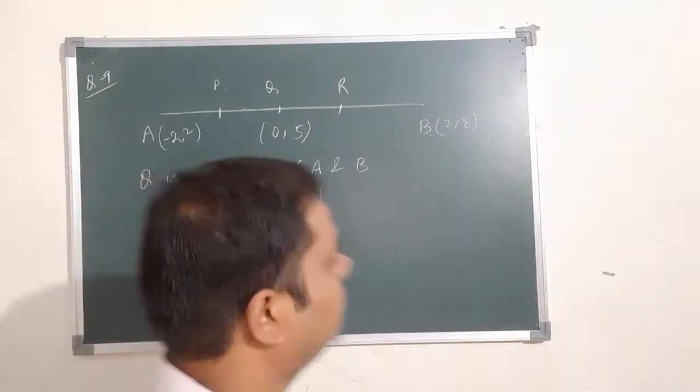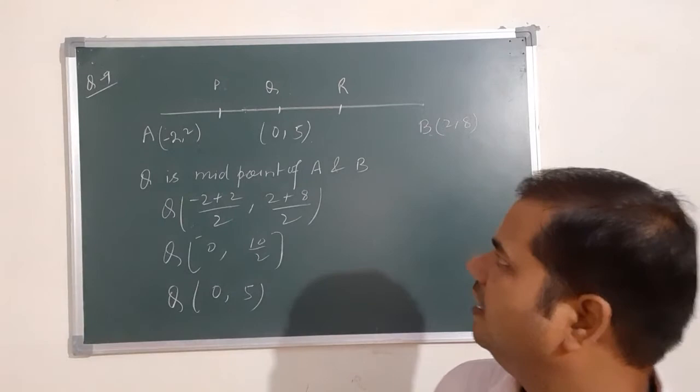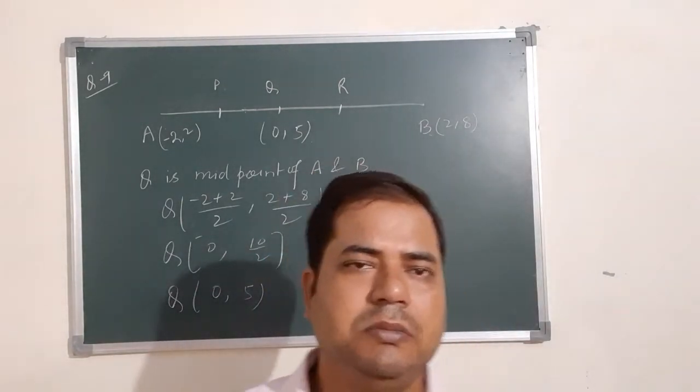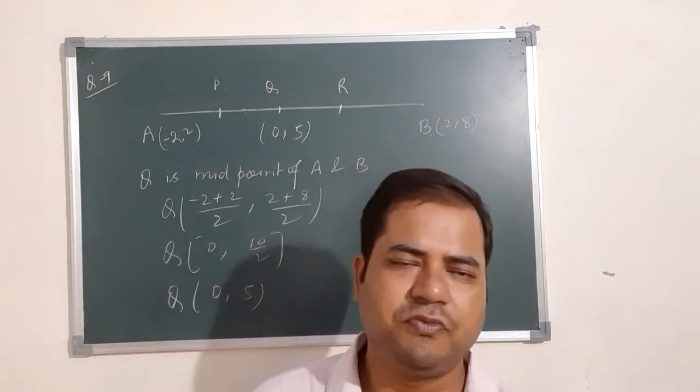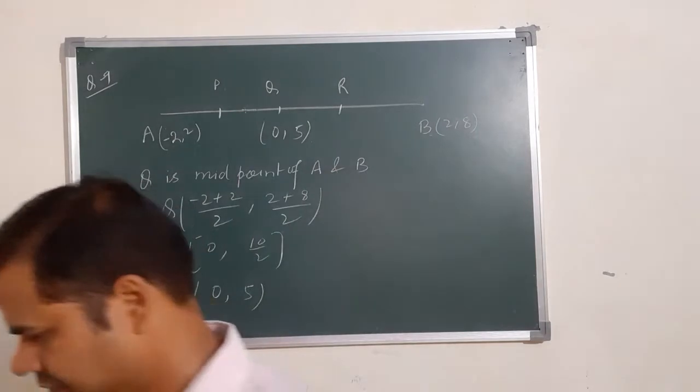Similarly, you can find P as the midpoint of A and Q, and R as the midpoint of Q and B. In this manner you have to find the other two points.